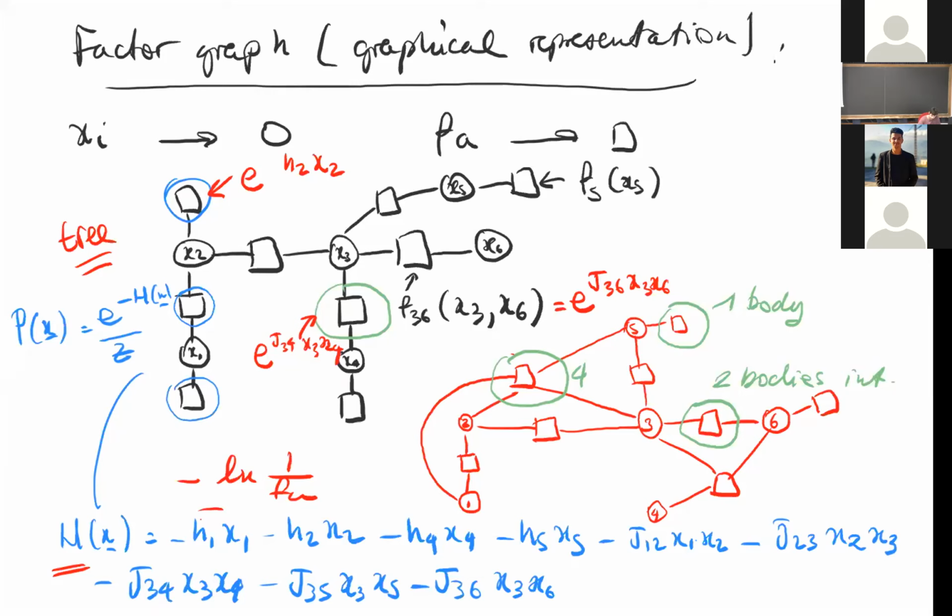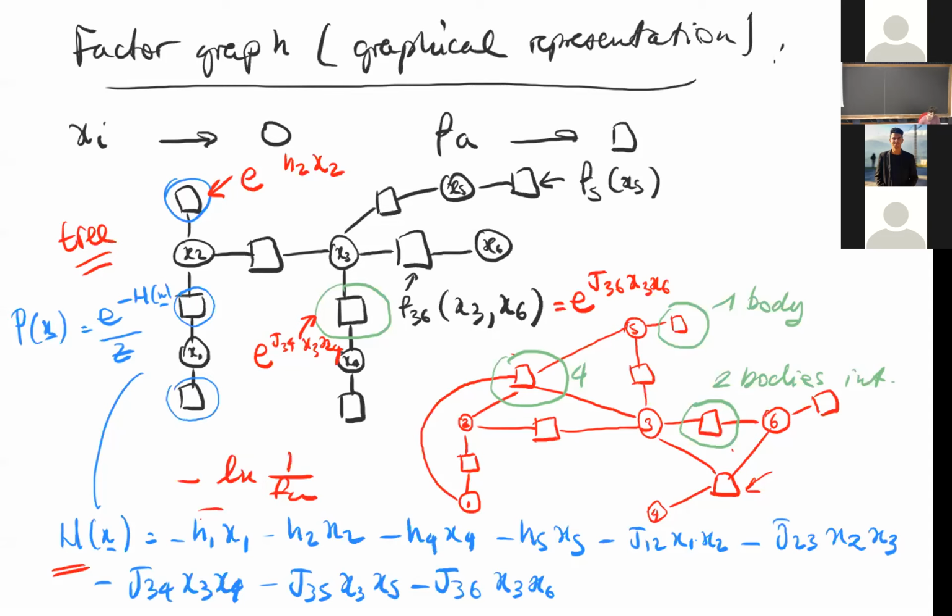Here you have two different functions, and both of them depend on 3 and 6. But this one depends on 3, 6, and 4. So we should view it in terms of the boxes rather than the interaction between the circles.